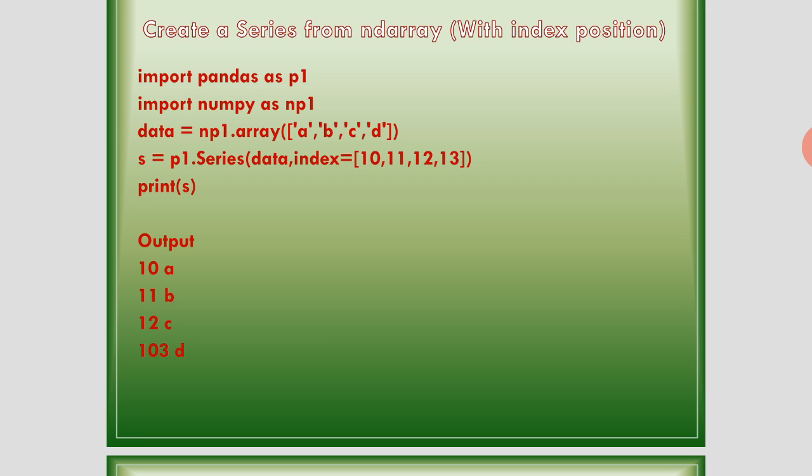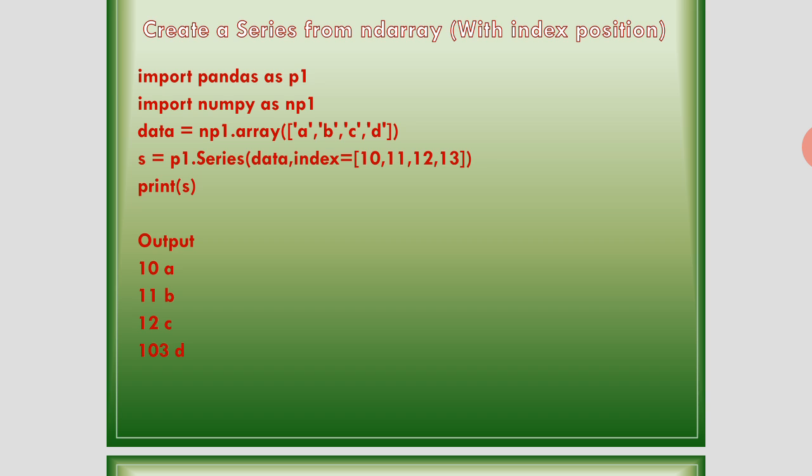Continuing with the similar example, creating a series from an n-dimensional array with index position means we will define the index position in this case. Similarly, data is np1.array, holding the values a, b, c and d, and in pd1.Series we are giving the one-dimensional array data, and the index we are specifying here as 10, 11, 12 and 13.